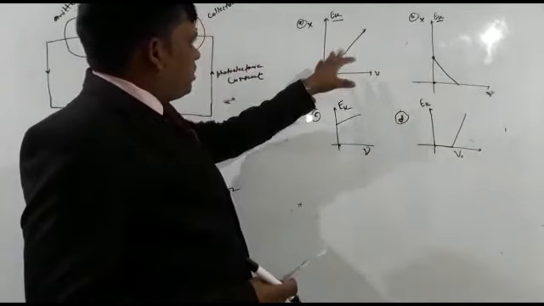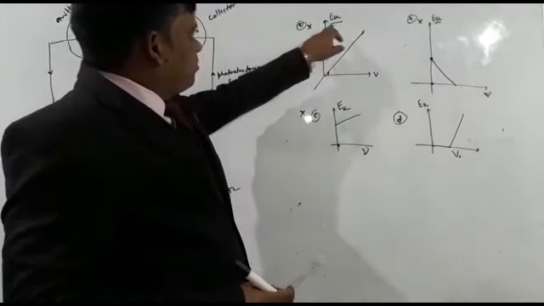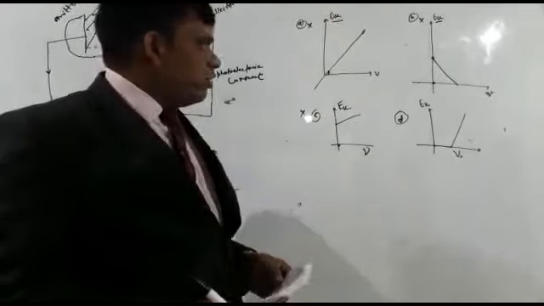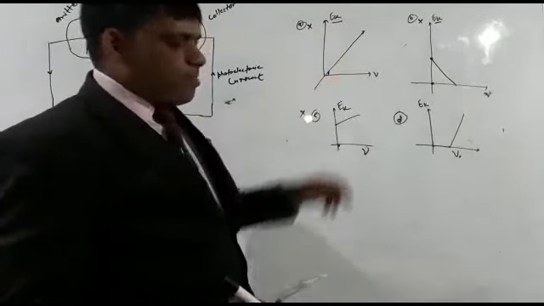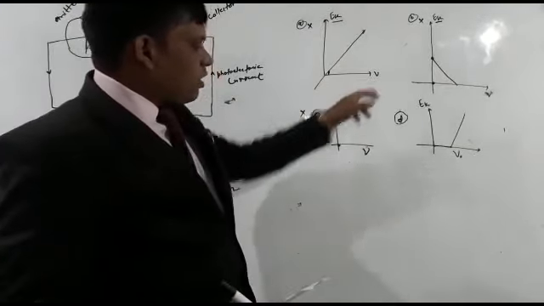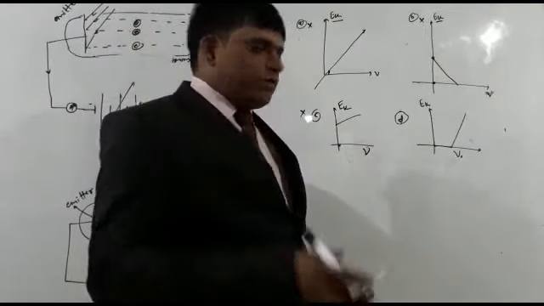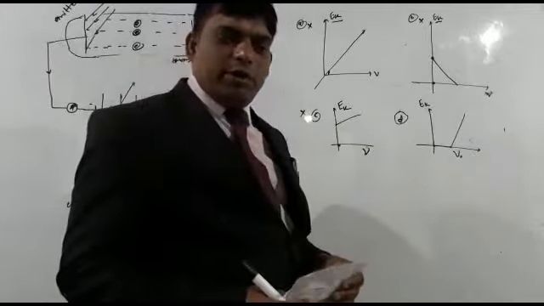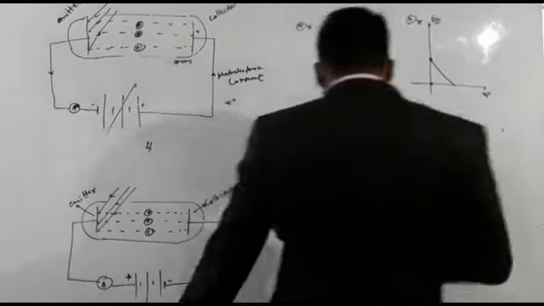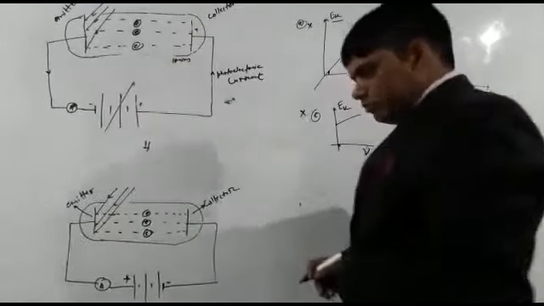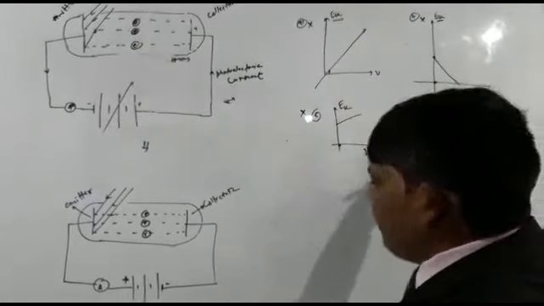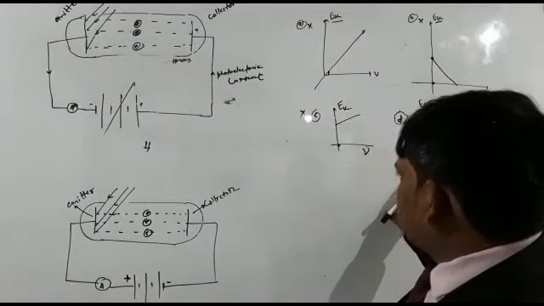All graphs are representing the maximum kinetic energy of the photoelectrons with respect to the frequency of the radiation falling on the emitter. So here we will analyze the graph.